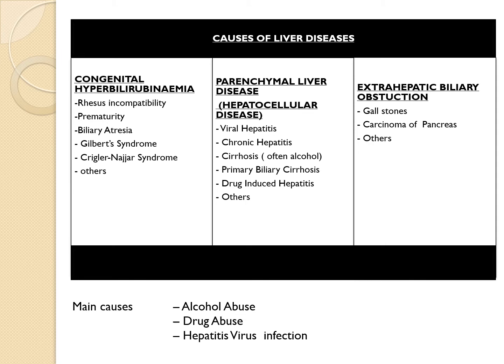Congenital problems include Rh incompatibility, prematurity, atresia, and Tourette syndrome. Parenchymal causes include viral hepatitis, chronic hepatitis, cirrhosis, primary biliary cirrhosis, and drug-induced hepatitis. Extrahepatic causes include gallstones, carcinoma of the pancreas, and other related injury.